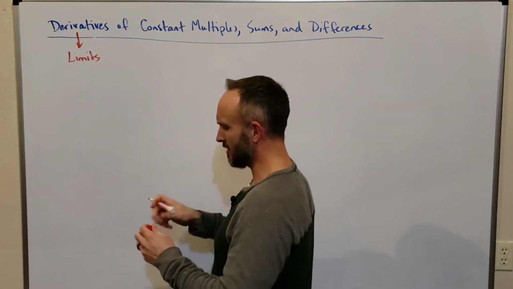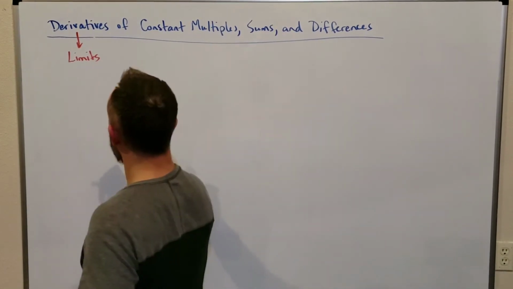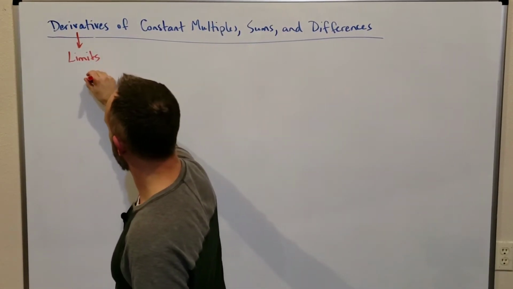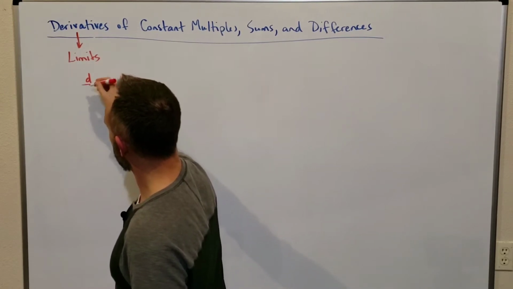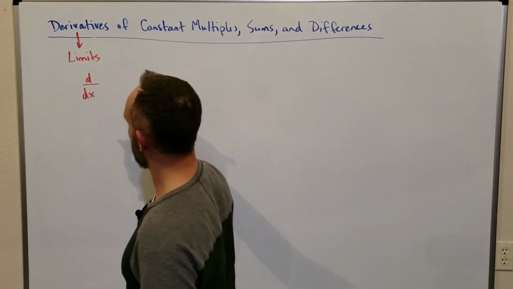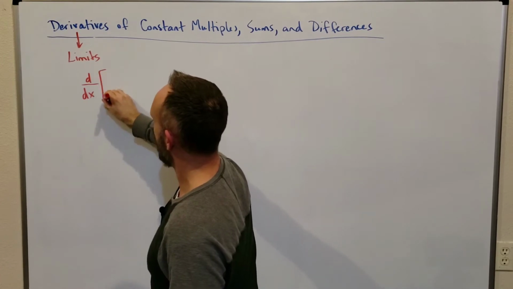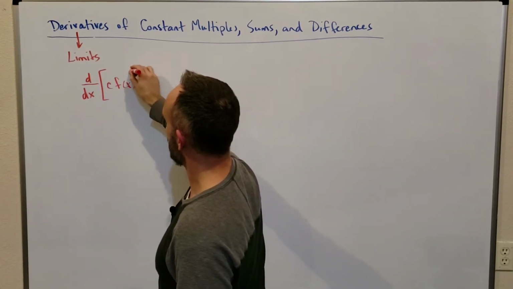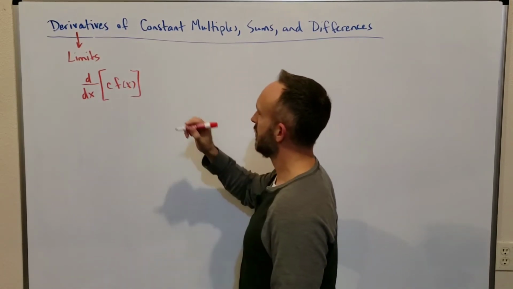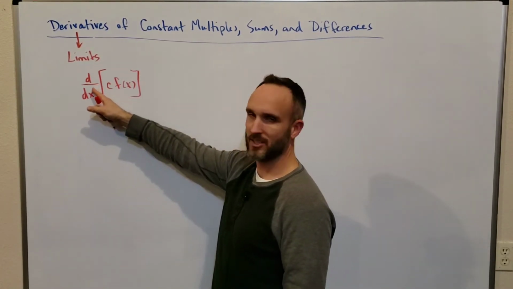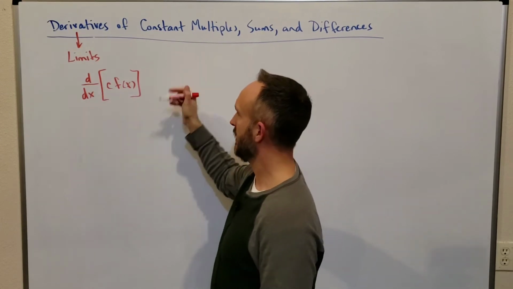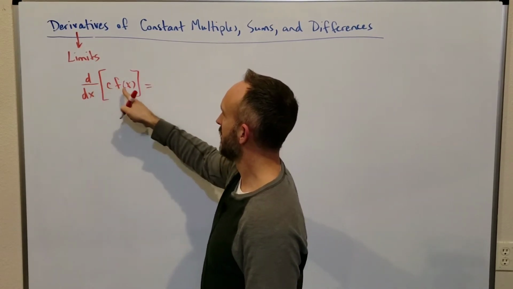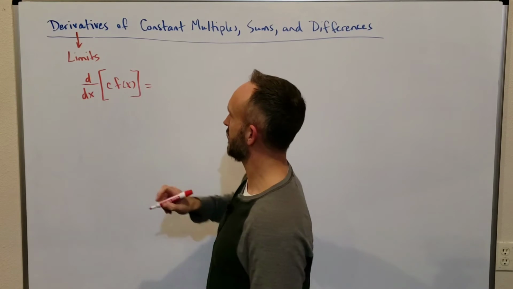So some properties of limits are, if I want to take the derivative, let's use the variable x, so the derivative with respect to x of some constant times a function of x, well, because a derivative is a limit, we can use the limit property to push the limit in and just apply it to the function and factor out the constant.